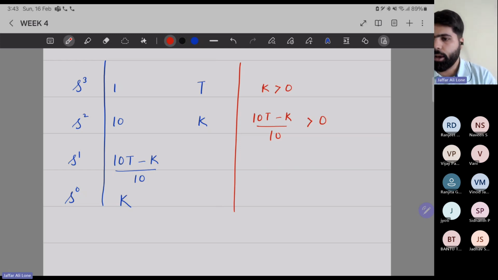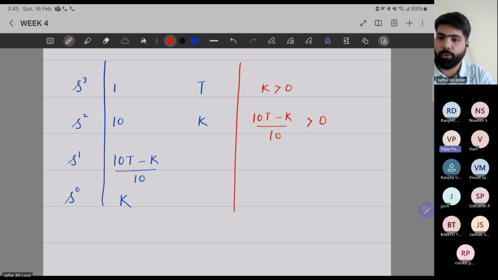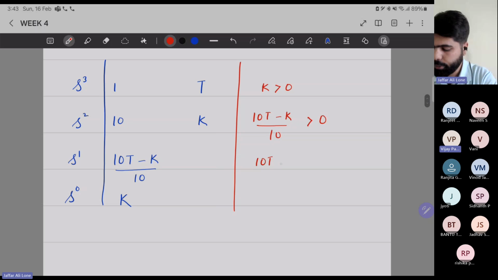Now can anybody come up with a relationship? K should be less than 10t, and greater than 0. Yes. So if you solve this, 10t minus k is greater than 0, or k is less than 10t. Also, k is greater than 0. It means the required relationship is k greater than 0 and less than 10t.